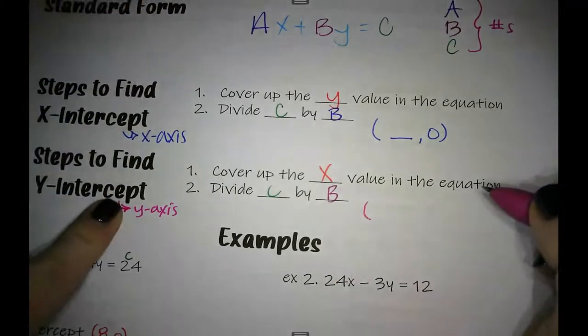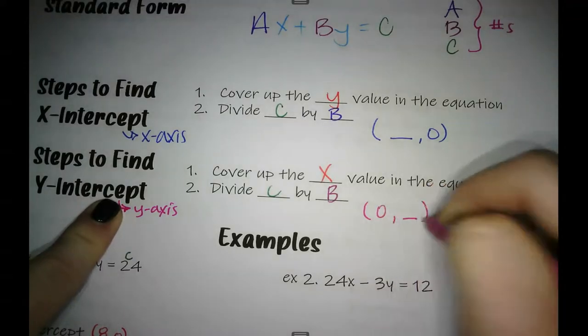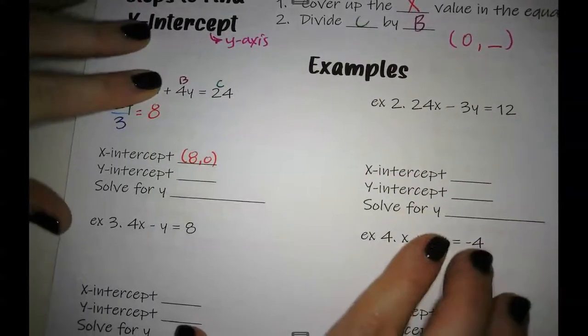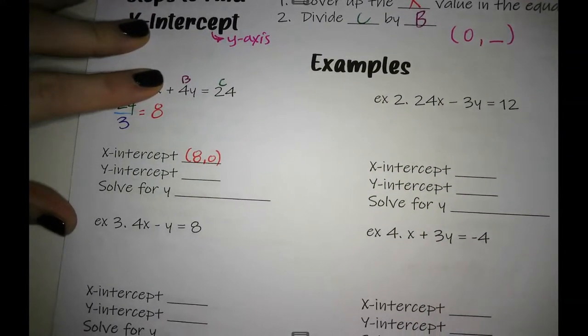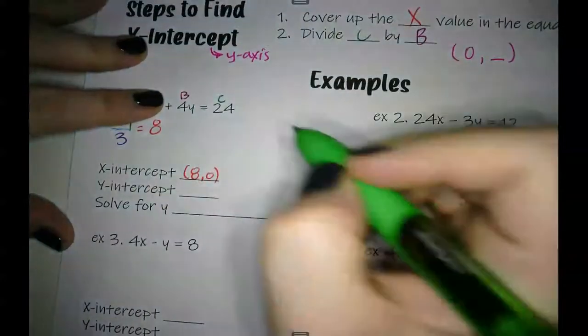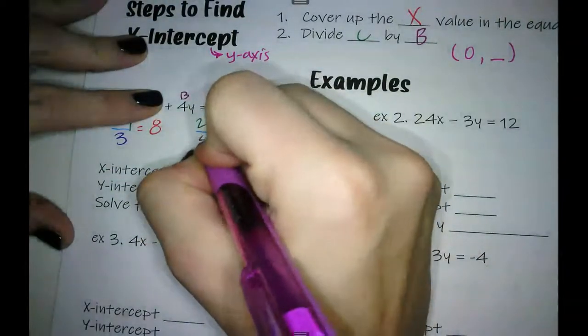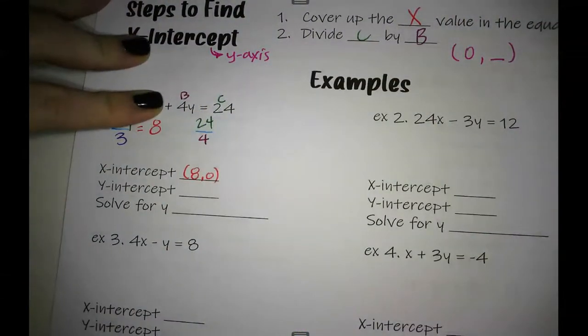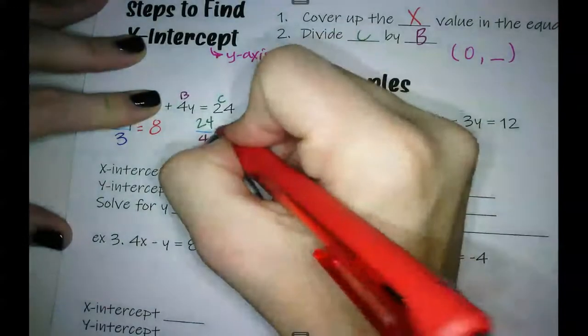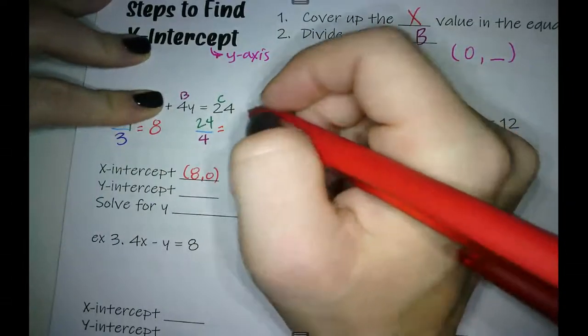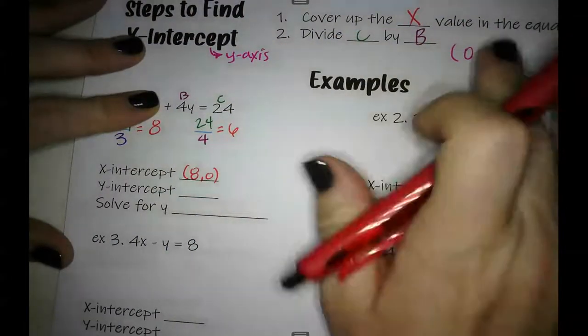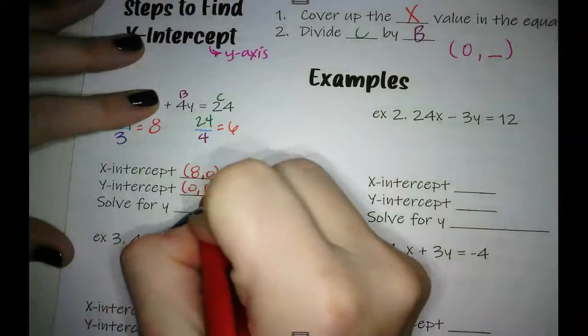Remember, if it's crossing the Y-axis, it's going to be 0 and some number. All right, so we're going to cover up the X. We're going to take that C value of 24, and we're going to divide it by the B value this time of 4, and 24 divided by 4 should give me 6. So then my Y-intercept here is at 0, 6.